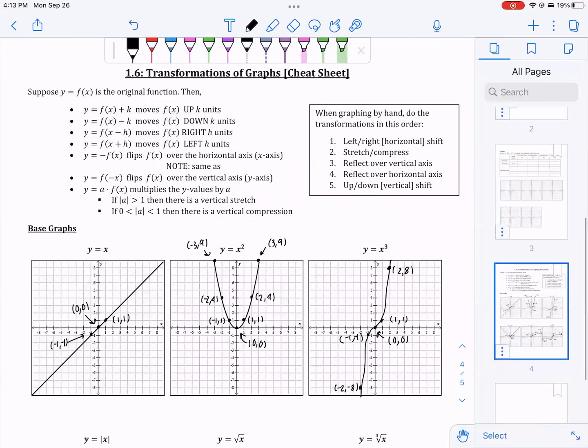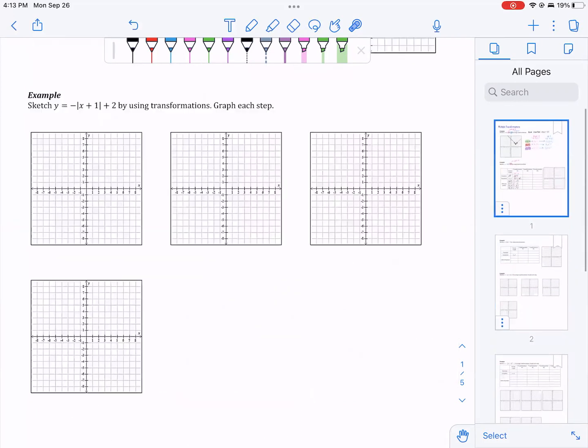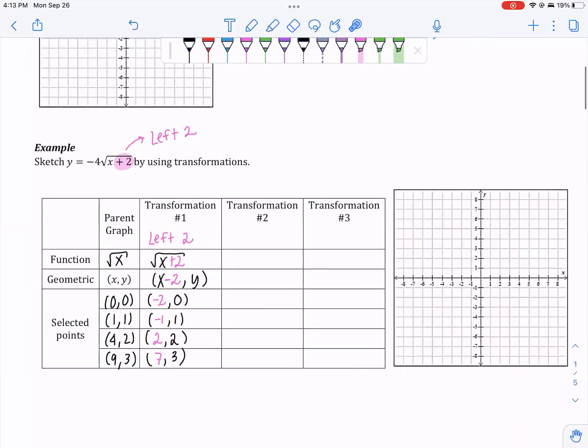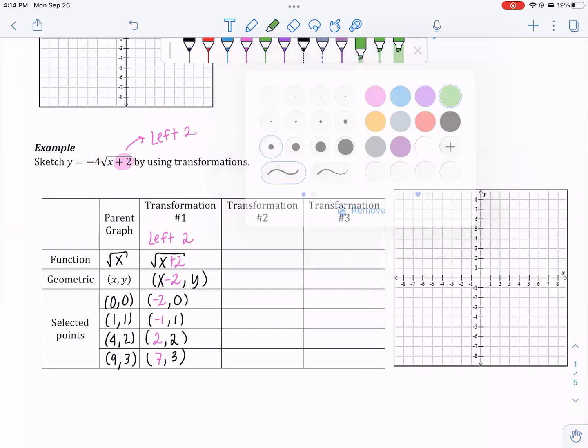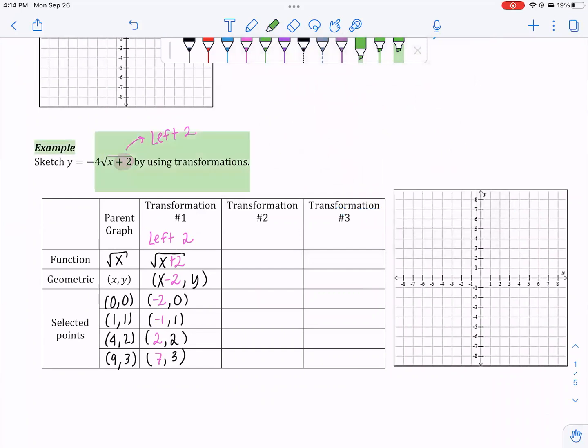Next on our cheat sheet, we did the left-right stretches or compressions. So we have a number out front. We have the number 4 out front. 4 is greater than 1, so it's going to be a stretch.